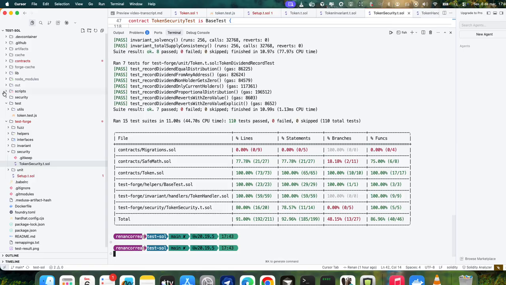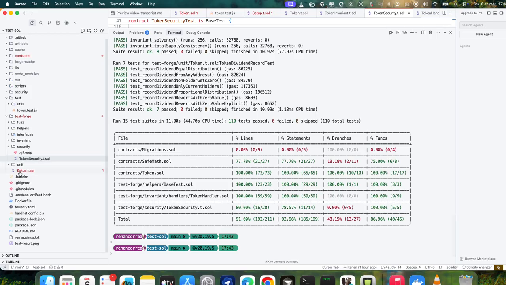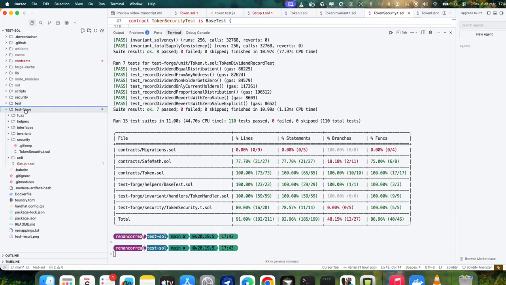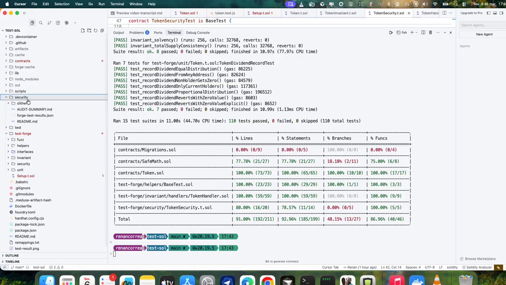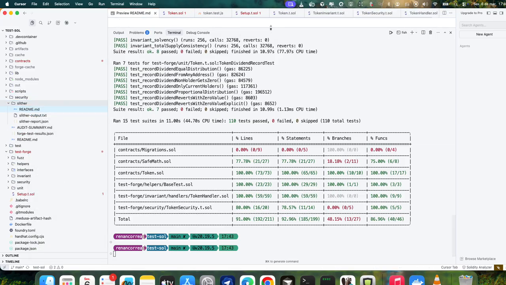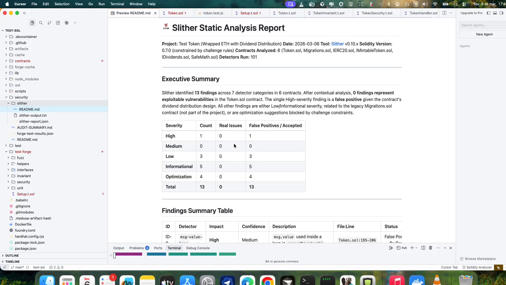The Slither analysis found several findings with 0 exploitable vulnerabilities. The only high severity finding is a false positive on the msg.value loop detector, which flags msg.value being read inside the loop.